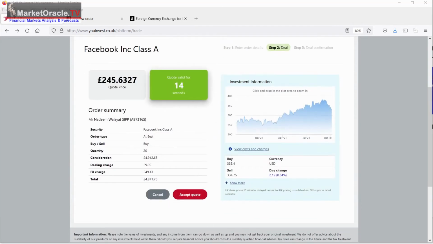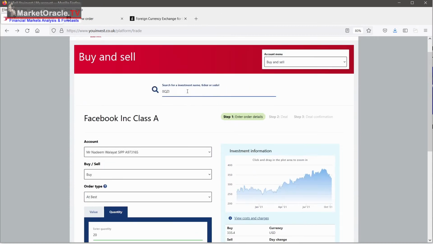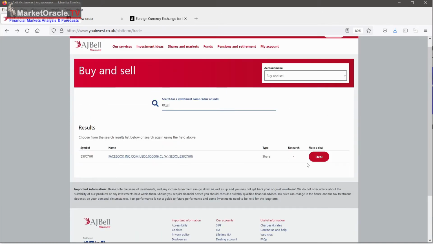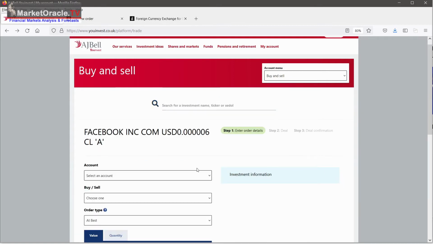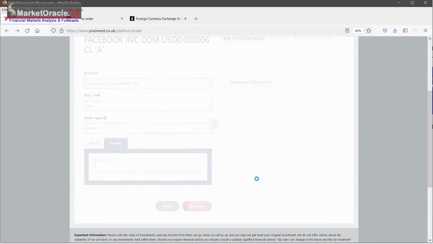So it's 49.71.7. Now I'm going to quickly see what it is for the US ticker in the UK. Right, select account. It has to be at best again, no limit orders. Right, compare. 20. Get quote.